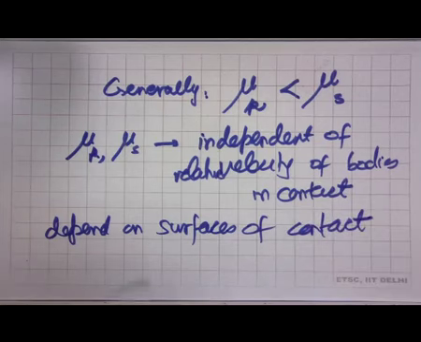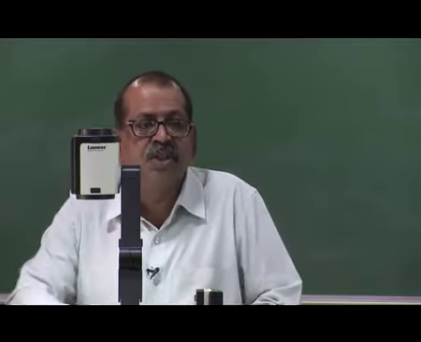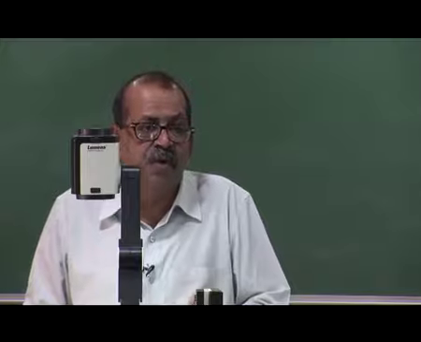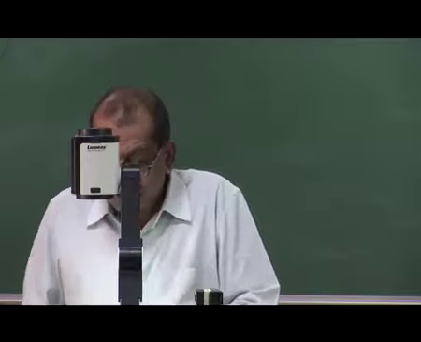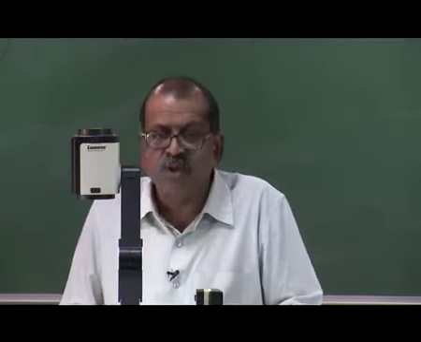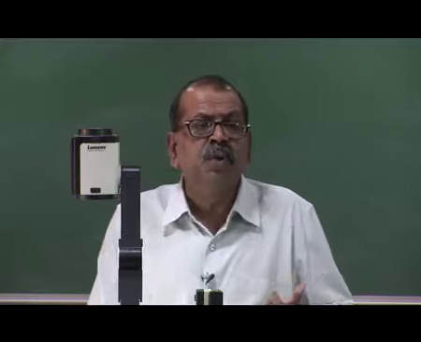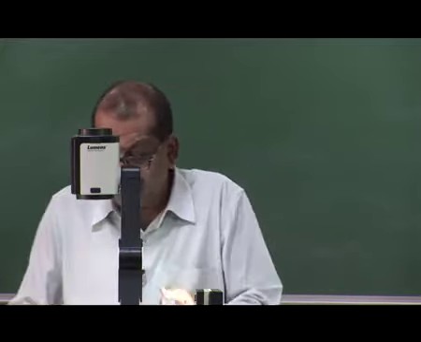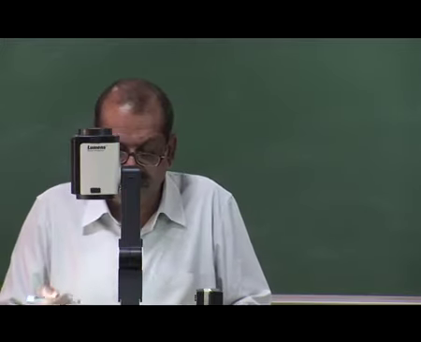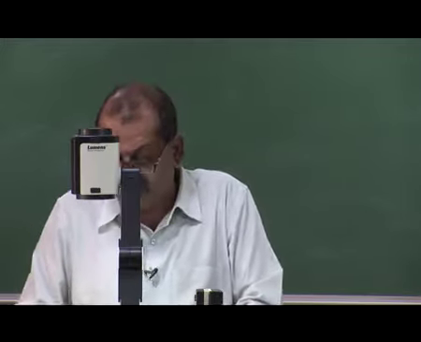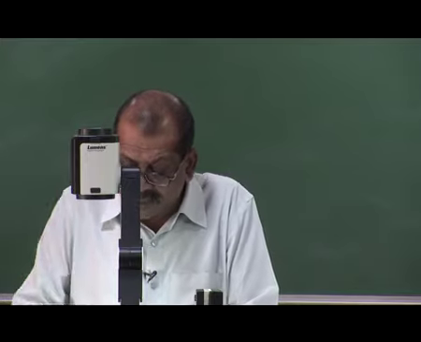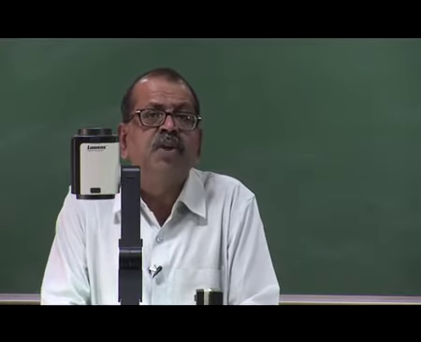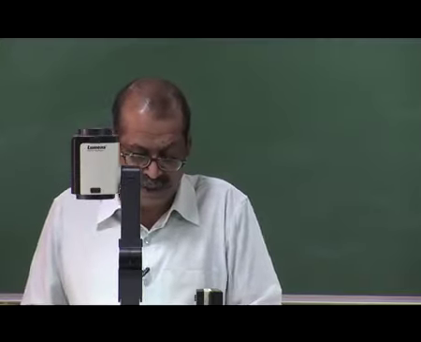If we have a cemented floor or glass, then it is much easier to move a body on glass than on a cemented floor. So the value of mu will be less for contact with glass as compared to a cemented floor. For the same surface of contact, mu will be constant, and this depends on the pair of surfaces, and between each pair you will have a value of mu k and mu s.